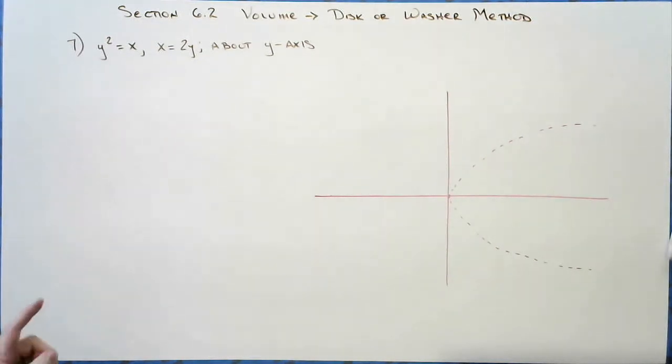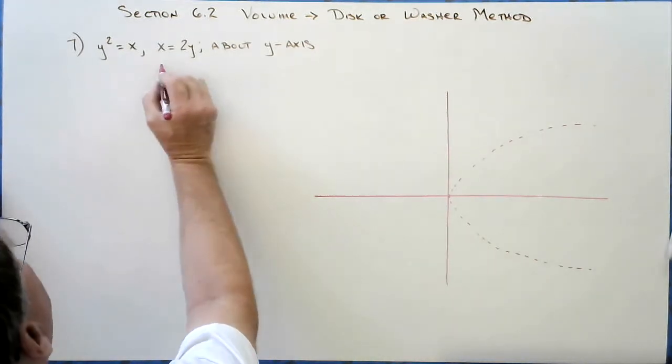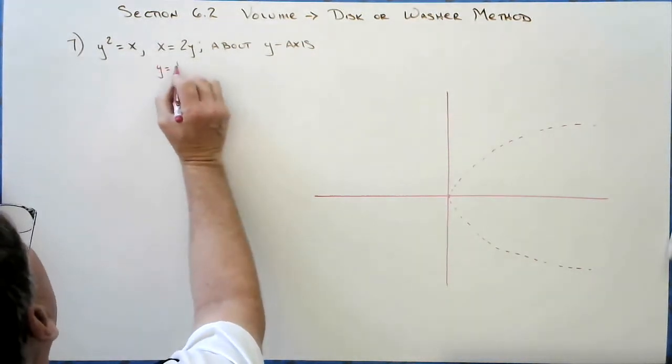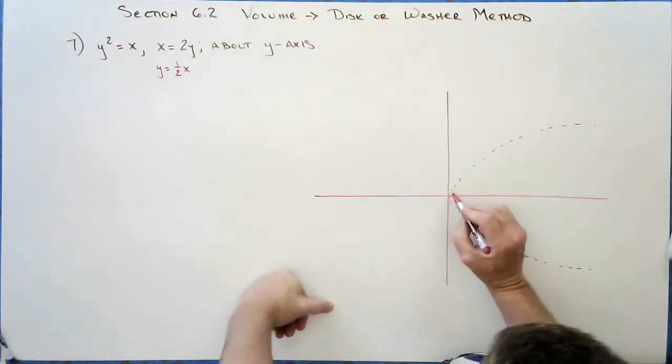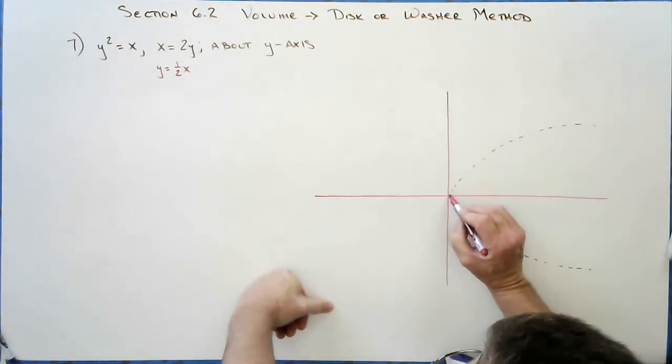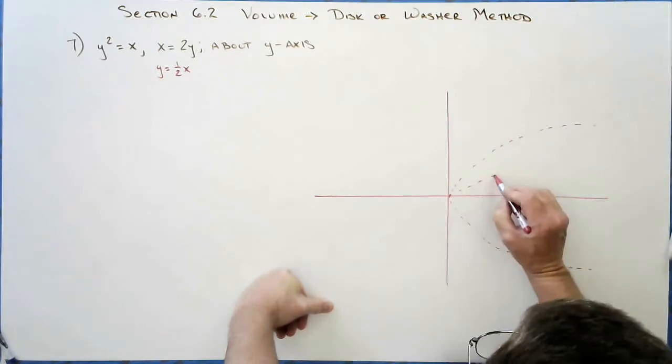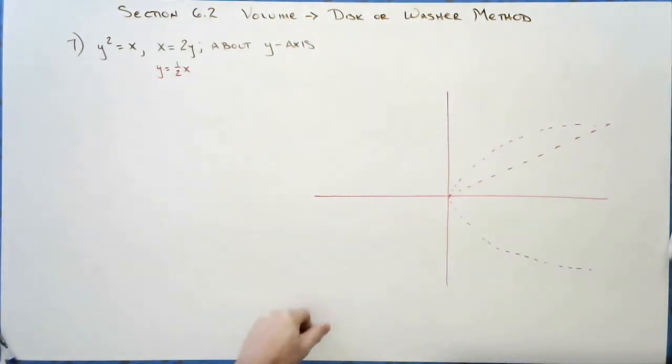We also have x equals 2y. Now, if we flip that, that's y equals 1/2 x. That's our line with a slope of a half and a y-intercept of 0. So that line goes from here, and it has a slope of a half, so it goes out like this.